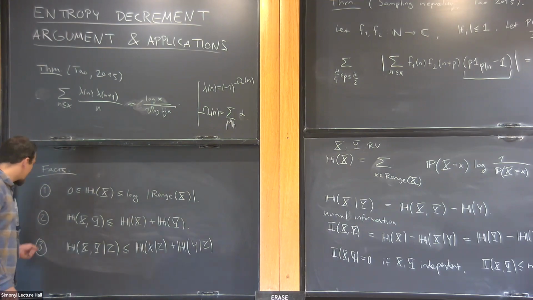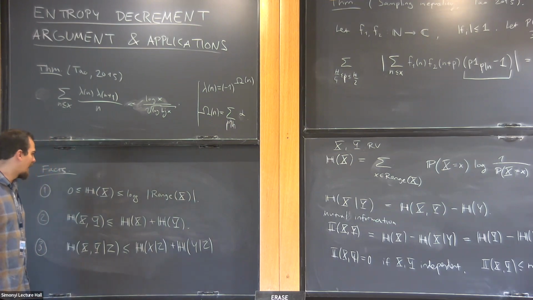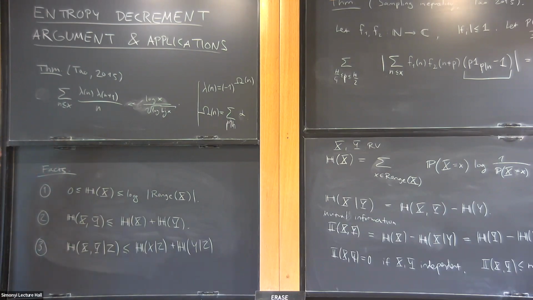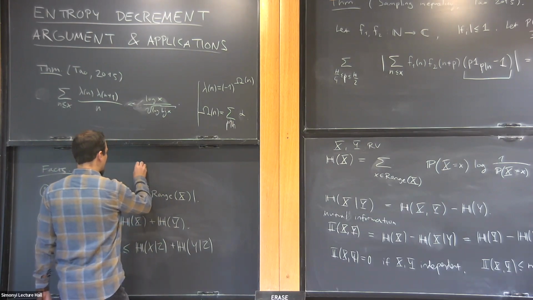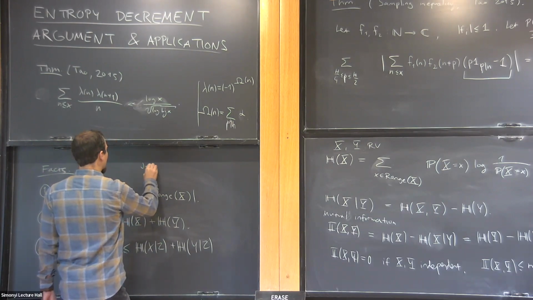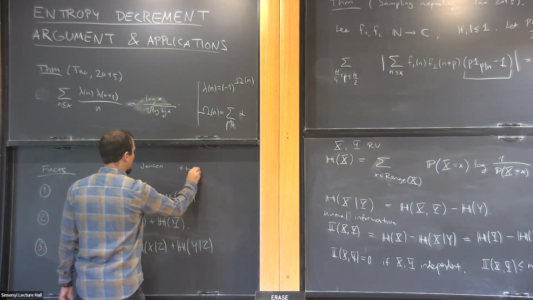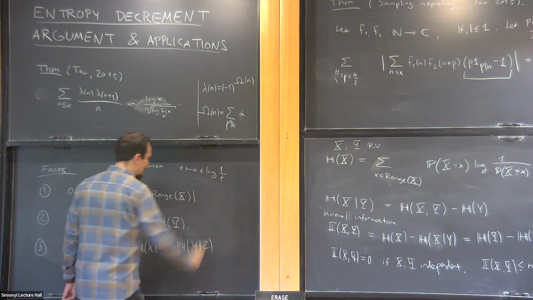these properties, I'm not going to prove them, but they're not difficult to prove. The proof essentially uses Jensen's inequality. For example, for this upper bound, the entropy being less than log of the size of the range, you apply Jensen's inequality to the function that appears in the definition of entropy.